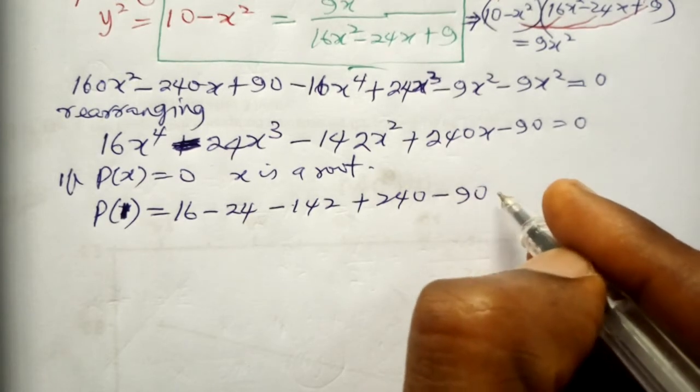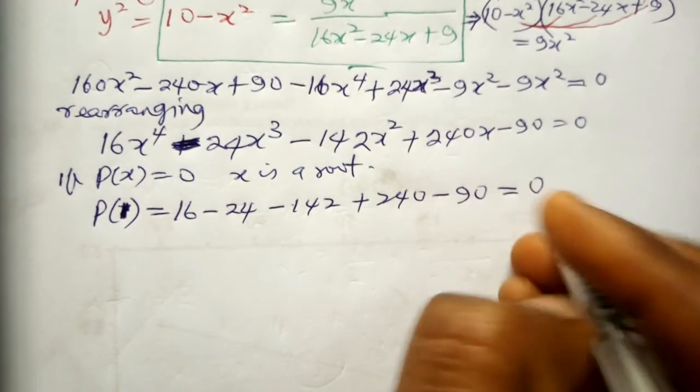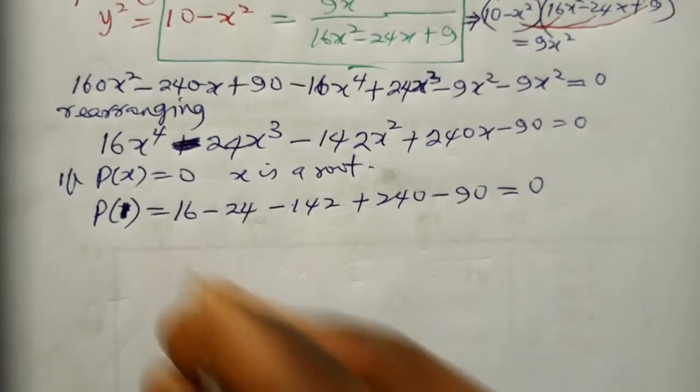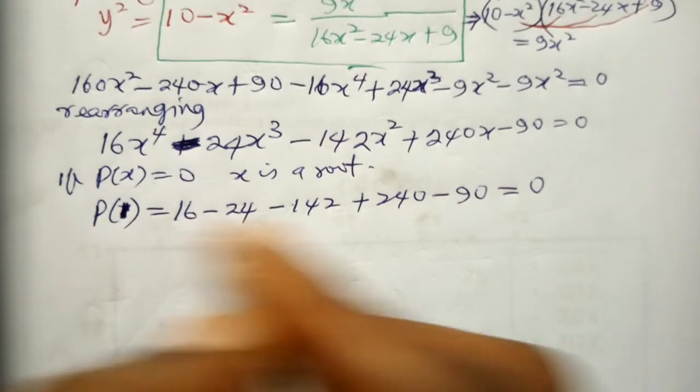When we add this, you see that we get 0. This implies that 1 is a root, and x minus 1 is a factor.